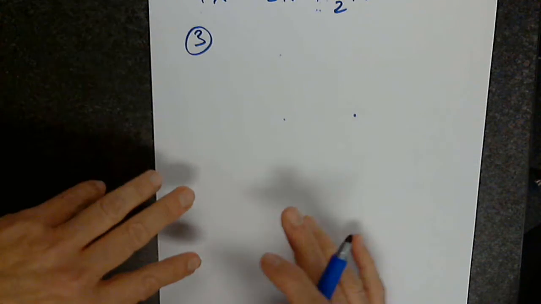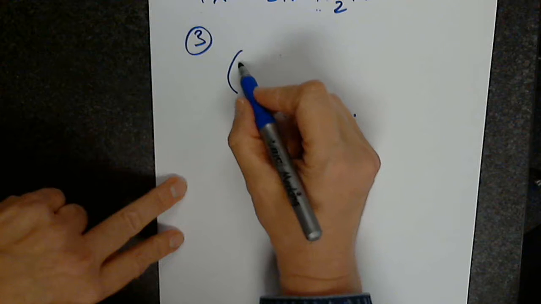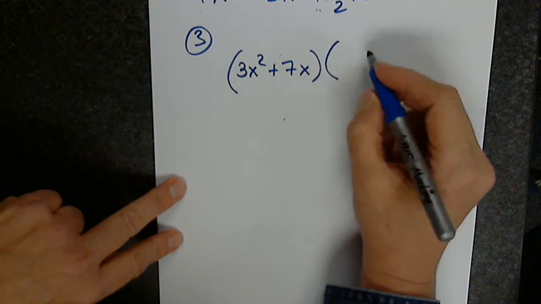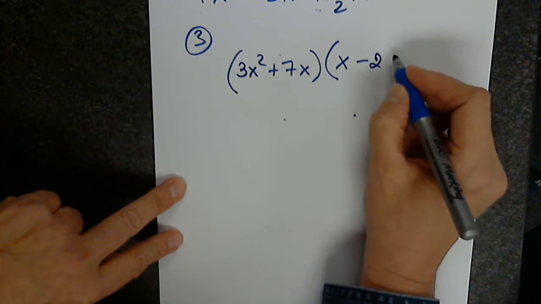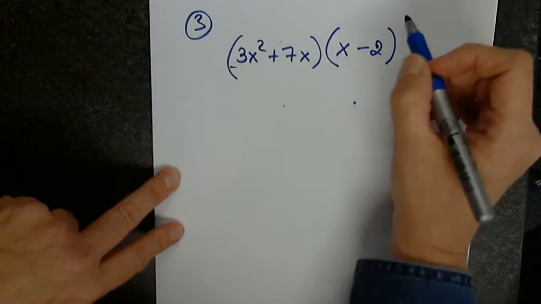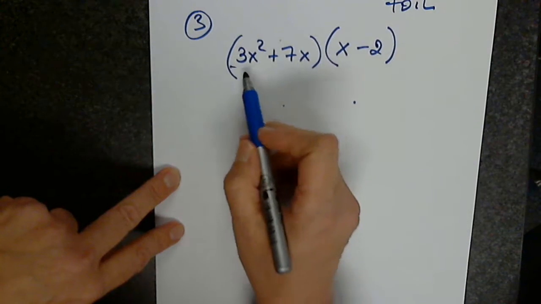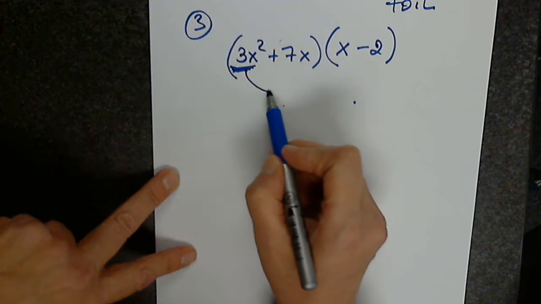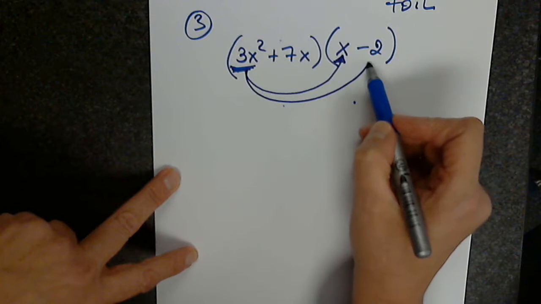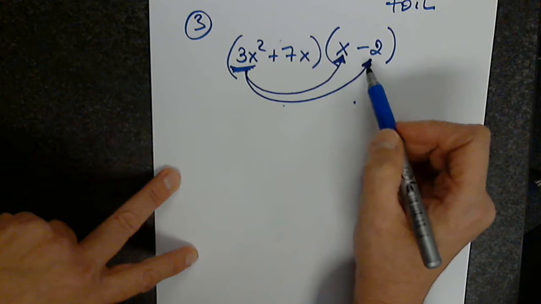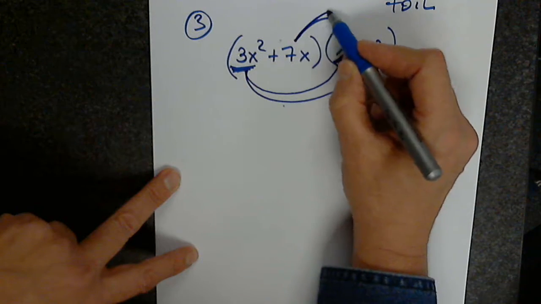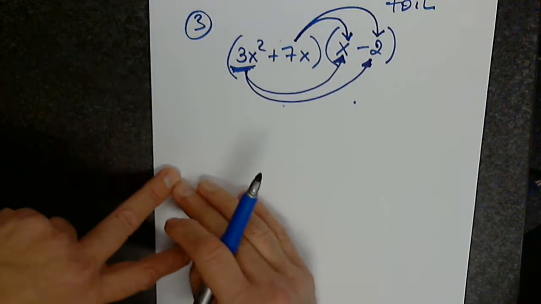This is different. If we have to multiply, let's say, 3x squared plus 7x by x minus 2, please watch for a moment. This is what is called FOIL. The first term gets multiplied by x, then the first term is multiplied by negative 2, then the second term is multiplied by x, and then the second term gets multiplied by negative 2.